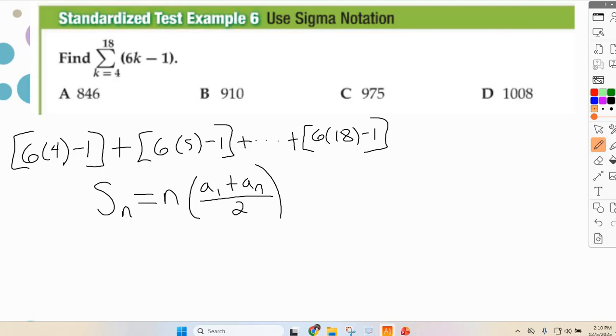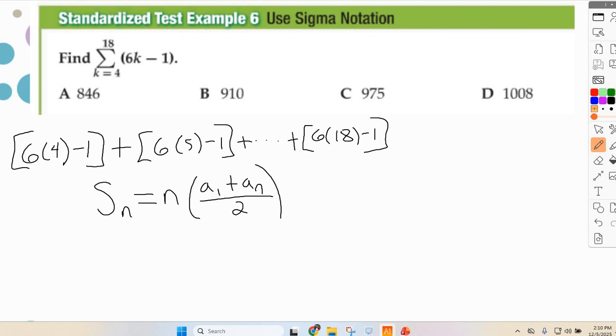Close. So if I plug in 4 first, 14 is how many more terms after 4 I would have, but then I also plugged in 4. And so just by subtracting them, that doesn't account for me plugging in the first one.